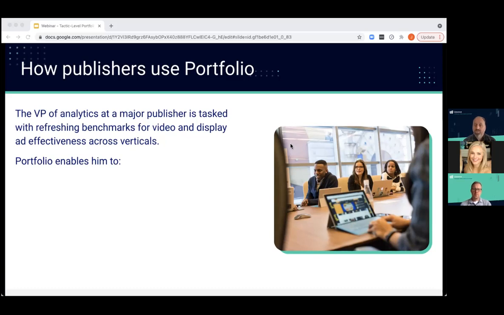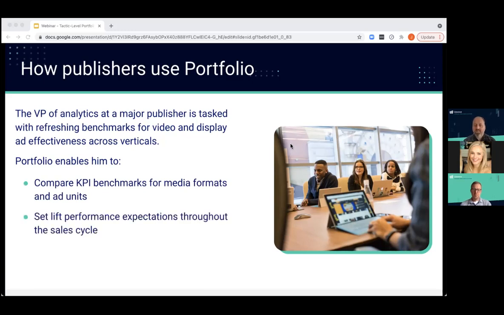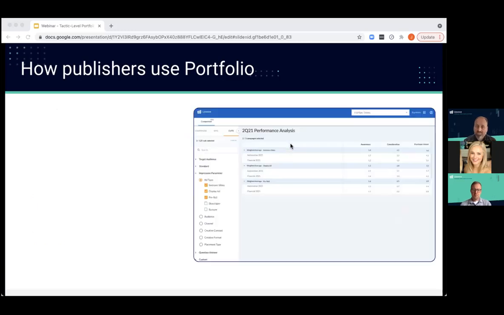The table updates with these selections so that he can easily compare KPI benchmarks for display and video for multiple verticals, and thereby set lift performance expectations by ad type, enabling him to prioritize media products for each vertical.